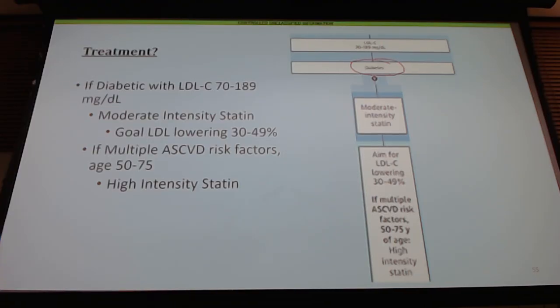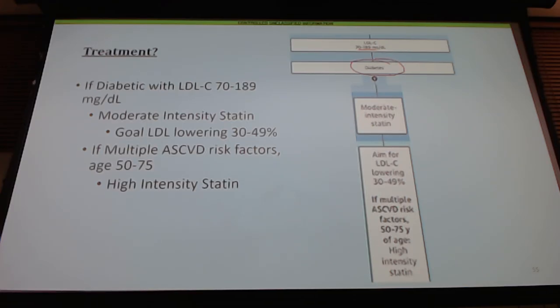So this is where diabetes comes into play. If you have a diabetic who has a greater than 190 LDL, it doesn't matter what their diabetes levels are, because you're going to be treating them like the LDL greater than 190, okay? So it only matters if they are diabetic by them having that middle range of 70 to 189 LDL.